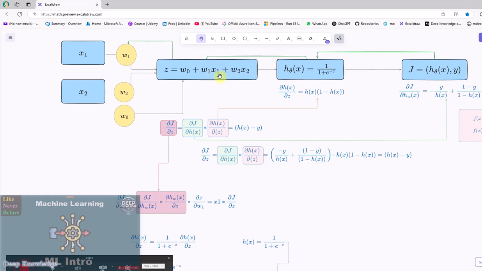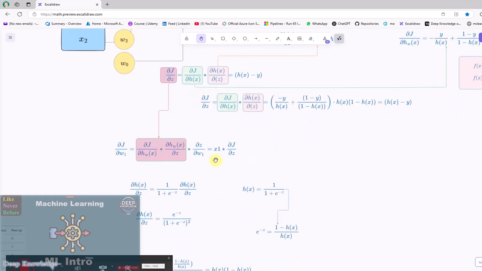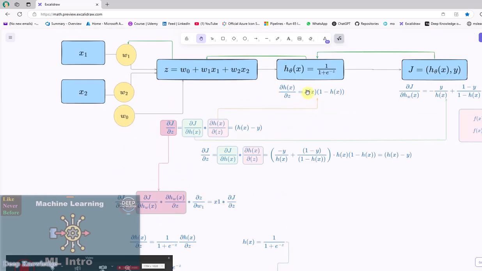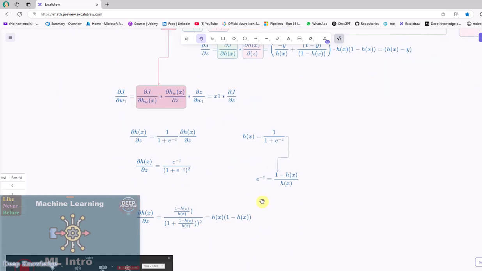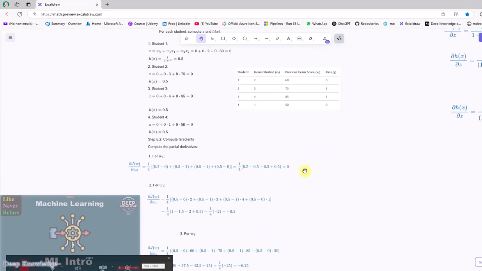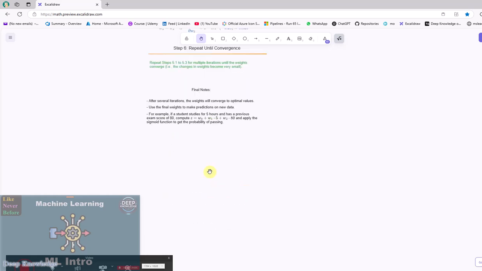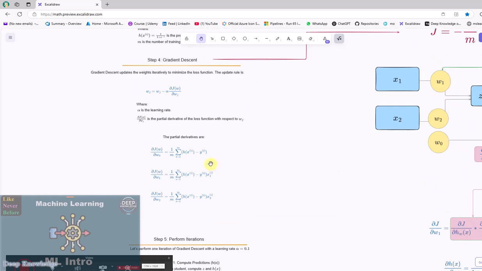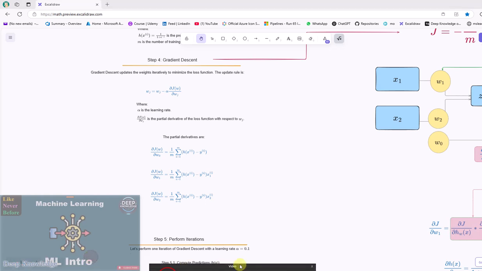It will be only x1, and these terms, for instance w0 and w2, are constants, so they will be 0. So we will have only x1. It will be x1 times h of x minus y, and that's why we have the formulas here. Where is this? Yeah, here. So I hope this is clear to understand.